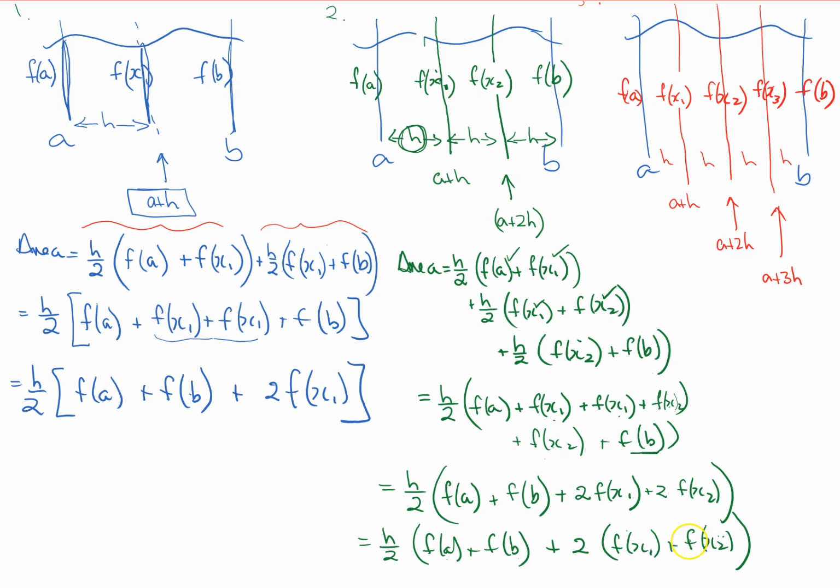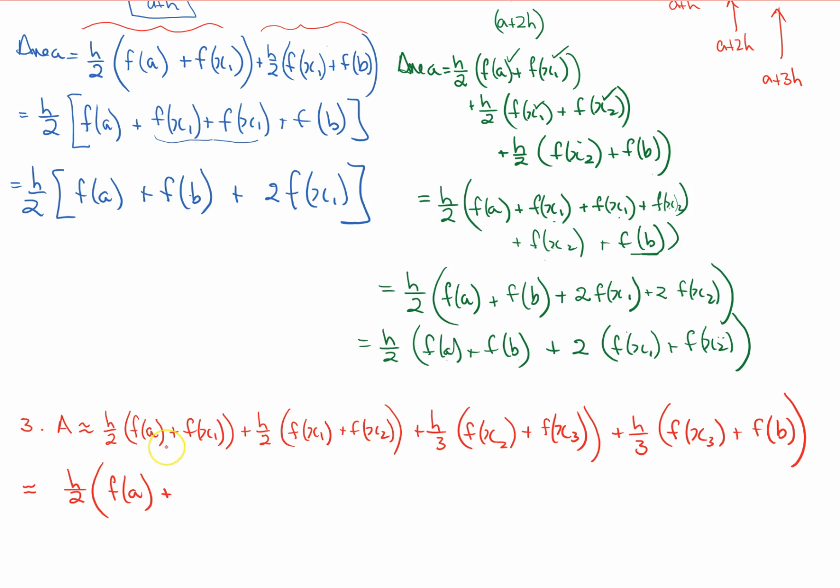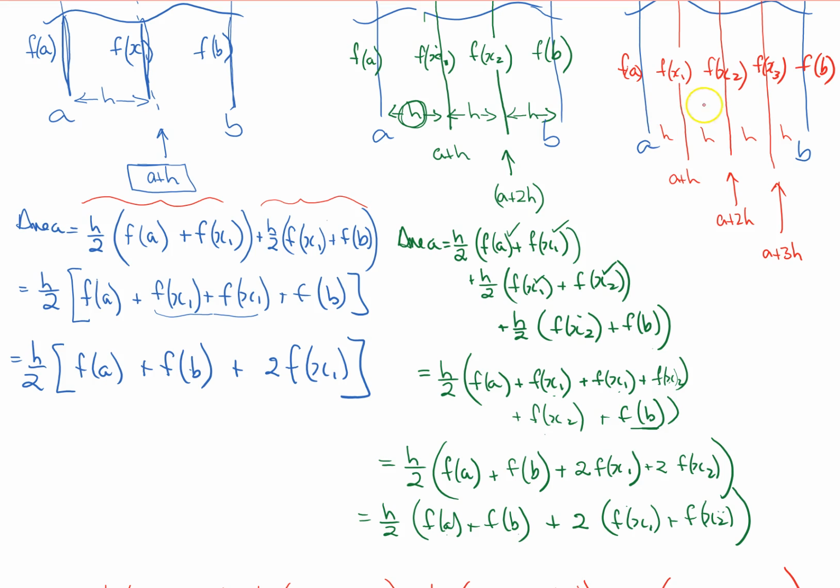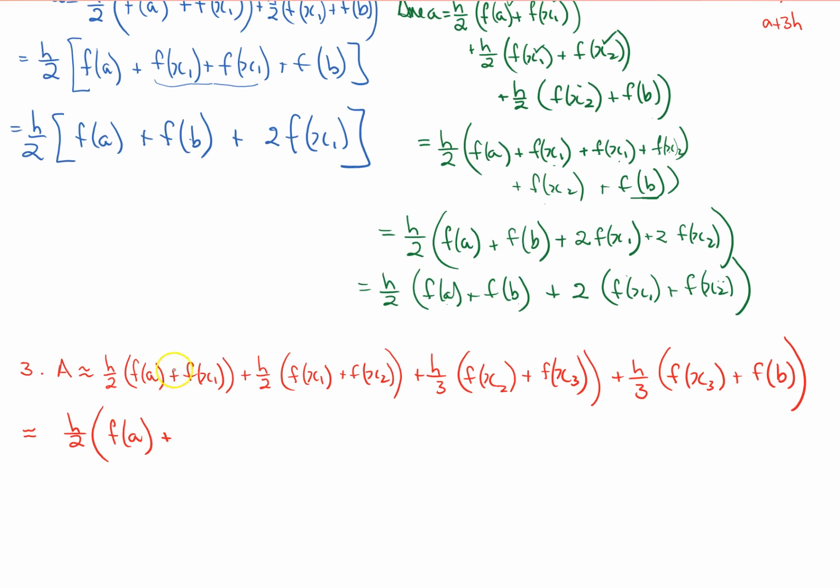I'm going to pause the video and write up the next one and then come back and talk about it. So what I've done, and scroll back, is I'm going to have 4 applications of the trapezoidal rule. Here they are, 1, 2, 3, 4. Take your time, pause the video, have a good look at that. What you'll see is h on 2 is common and I'm taking that out.